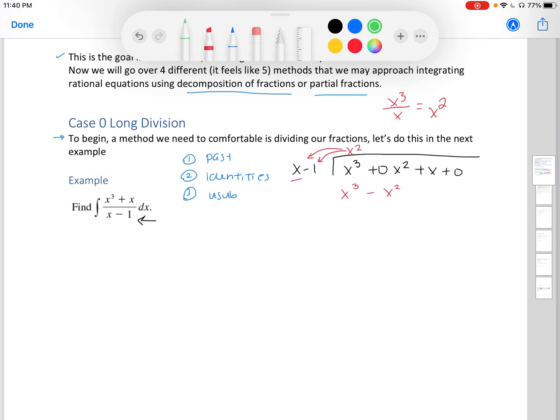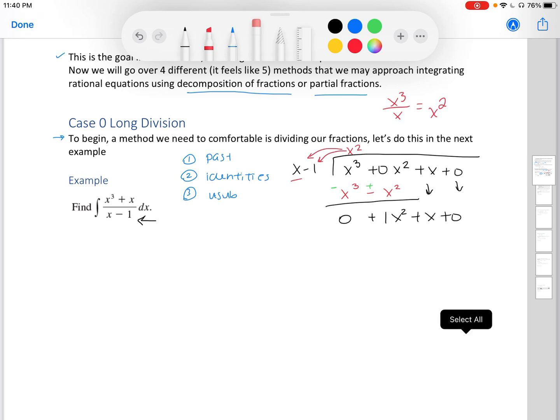From here, we change our signs. Okay, x cubed minus x cubed is 0, which is always a good way to show you're on the right track. 0x squared plus 1x squared gives us 1x squared. And then you can bring down all your remaining terms from there.